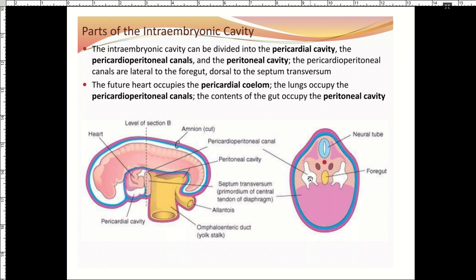You can see the developing lungs, the foregut, and lateral to the foregut these pericardioperitoneal canals. The future heart occupies the pericardial cavity. The lungs will occupy the pericardioperitoneal canals, forming the pleural cavity, and then the contents of the gut occupy the peritoneal cavity. You understand? Those are the three cavities we have.